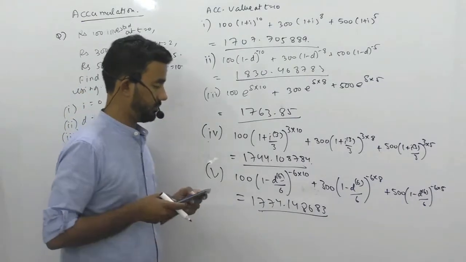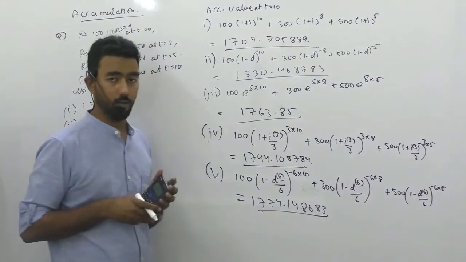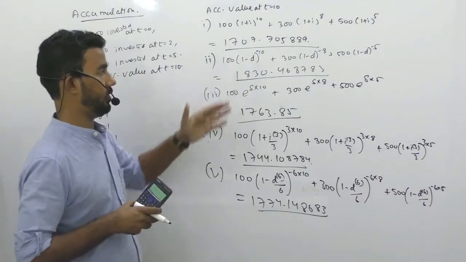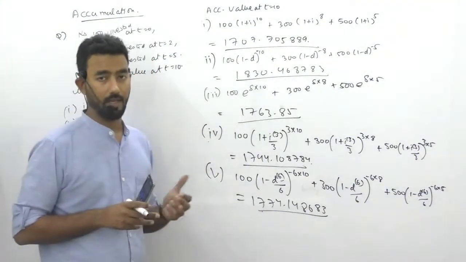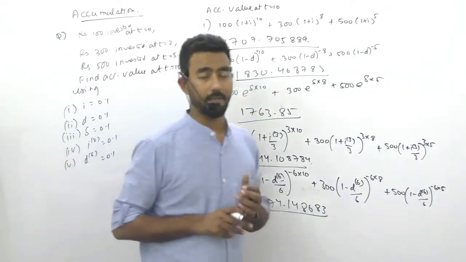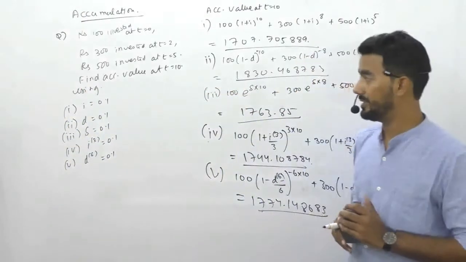So that's what I'm getting. So these are the answers for accumulated values using the different rates of interest, discount, or the cost of interest, i, d, i-upper-m and delta. So now this is how it works for these simple cases.